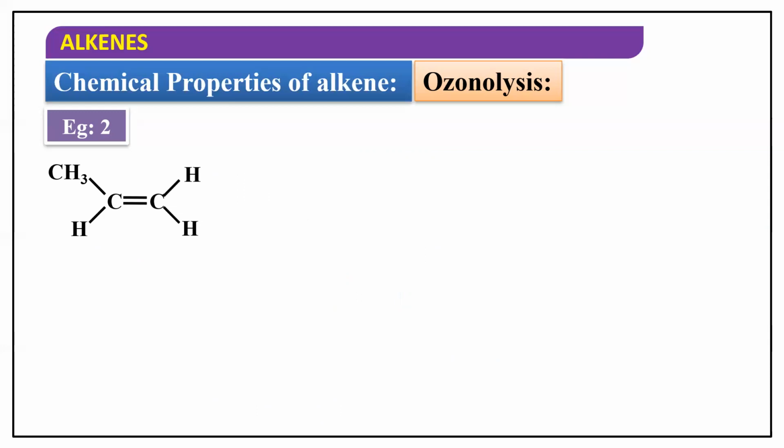Take this example, write it in your book, and then carry out ozonolysis. Add ozone. I've already told you, the first step is addition of ozone to form the ozonide. Once the ozonide is formed, it reacts with zinc and water to form the respective byproducts. So make a note of this starting compound.